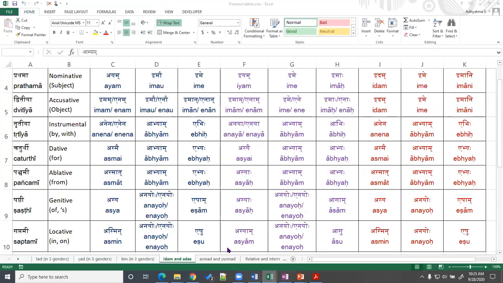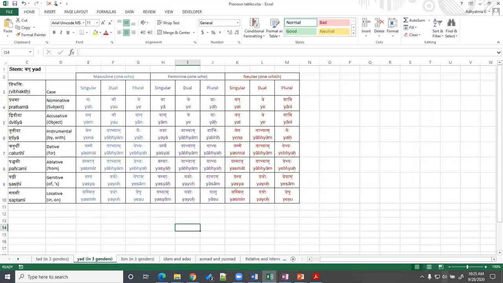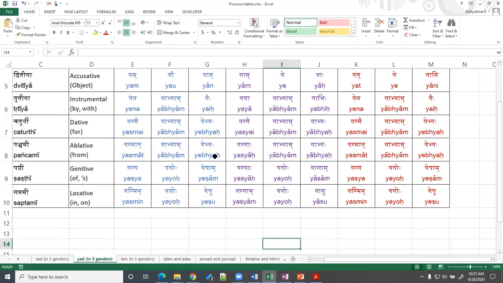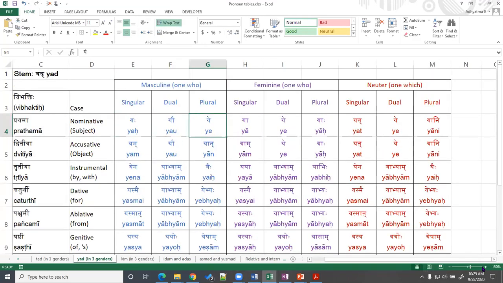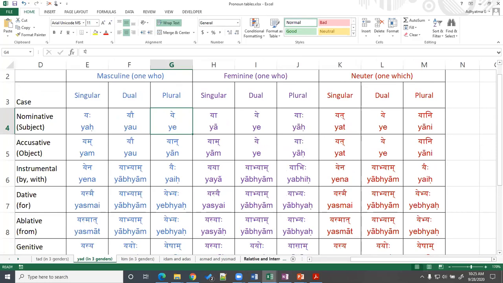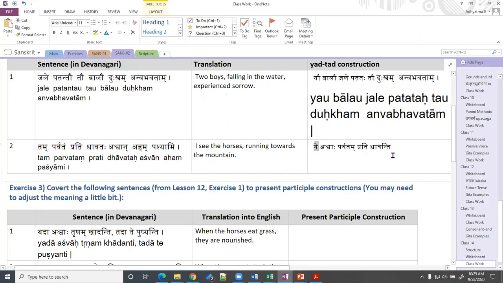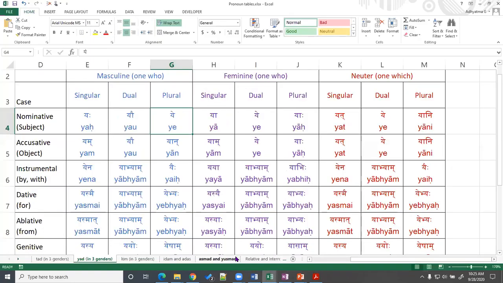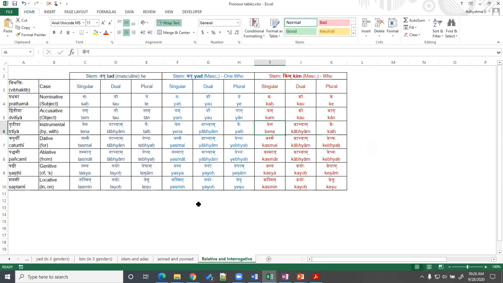That is yat, yau, ye. This one, yaha, yau, ye. So first person plural. So ye ashwaha parvatam prati dhavanti. Now ashwan will become tan, because I'm referring to them with yat-tat. So tan, as in sa, tau, te, tam, tau, tan.